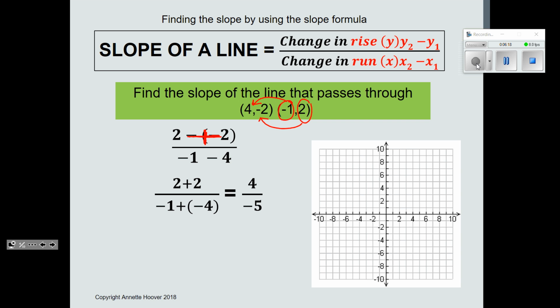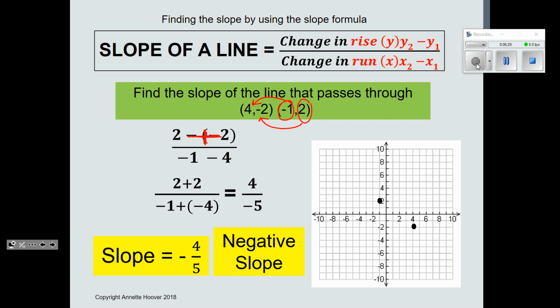So let's see what that looks like when we graph it. Another negative slope, so we know it's going to go downhill. Here is the ordered pair 4, 2. Here is the ordered pair negative 1, 2. Here's our line. And if you notice, we went down 4, so that would be a negative 4. And we went to the right 5, which is a positive 5.